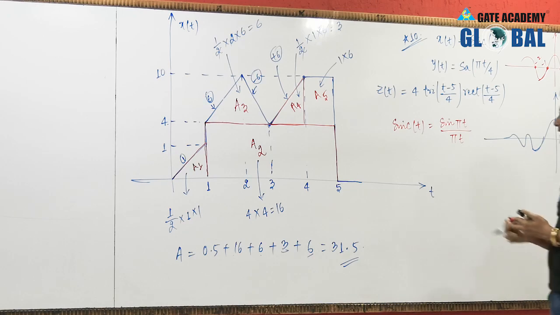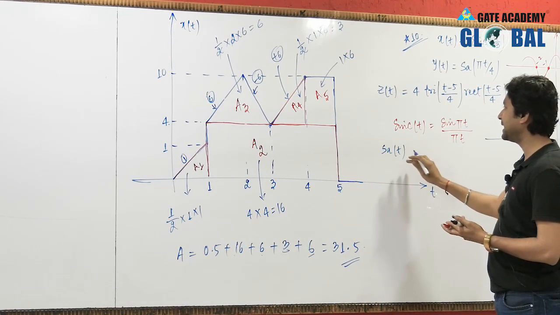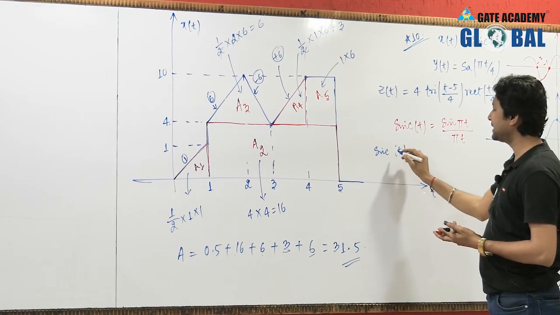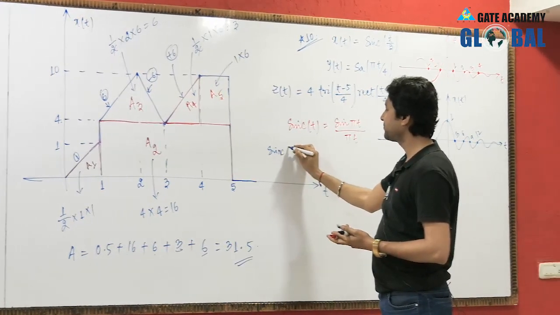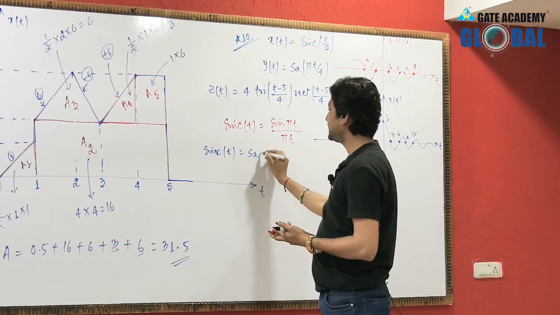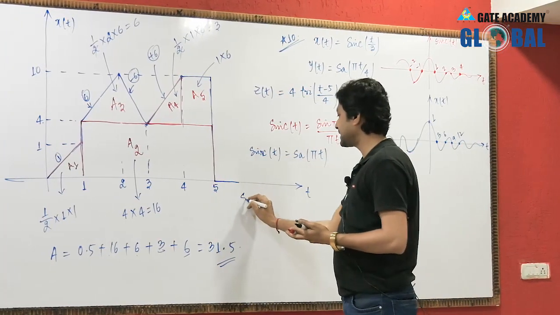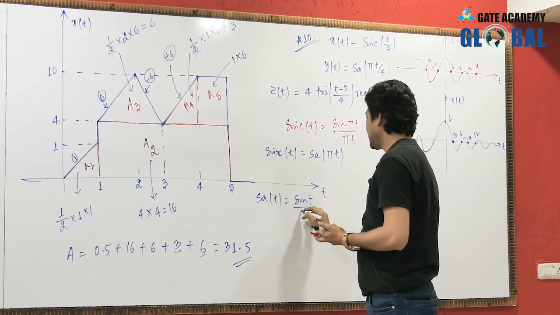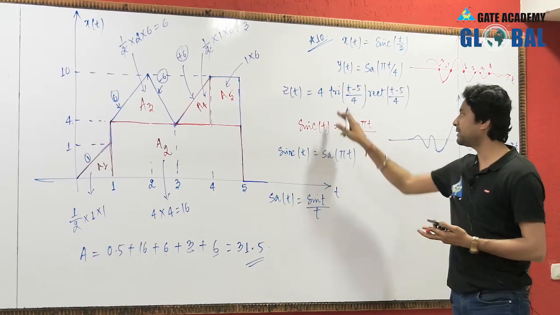Similarly, you know the relation between the sinc function and the sampling function. Sinc of t is equal to sampling of pi t. As the sampling function is given as sampling of t, which is sin t upon t, if you replace both of these t by pi t, you will have the sinc function.